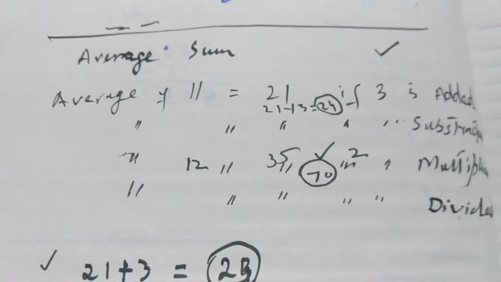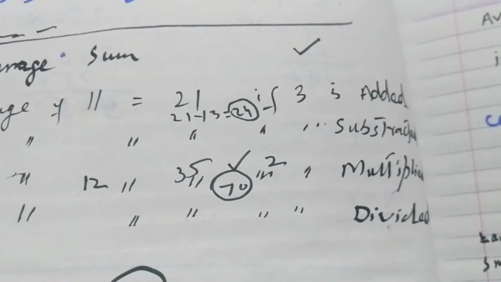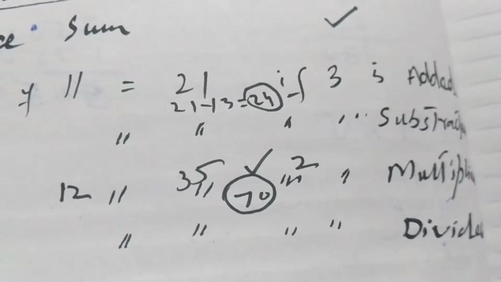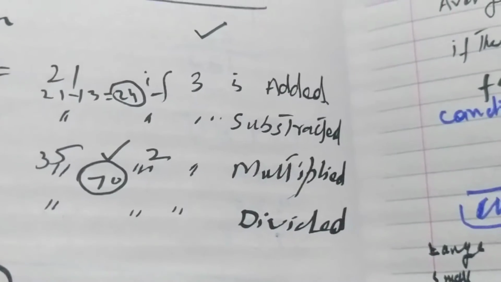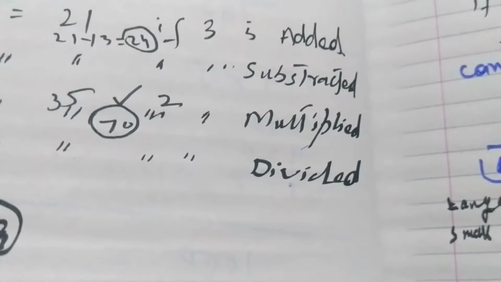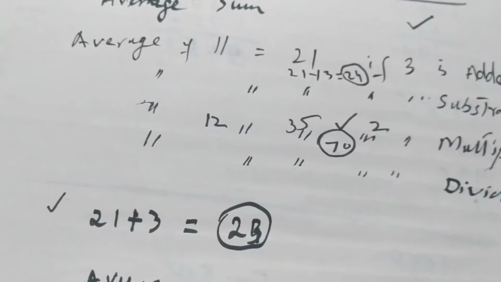Now here are some average sum questions. Average of 11 is equal to 21, if 3 is added. Answer: 21 plus 3 is equal to 24. This question can be calculated by addition, subtraction, multiplication and division in the same way.